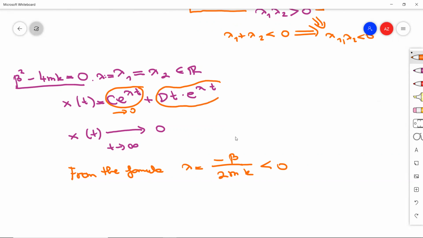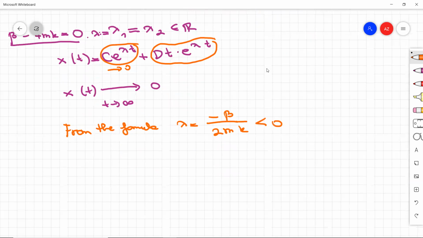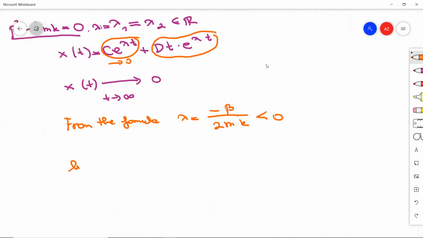What about the second part? Why does the second part also go to 0? Because it's multiplied by t. When t goes to infinity, this first factor also goes to infinity. But how do we know that t times e to lambda t goes to 0? How do we know that the exponential function prevails? Do you remember from calculus how one would check this? What is the limit as t goes to infinity of t times e to lambda t?